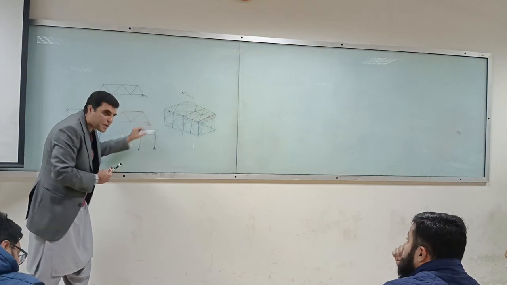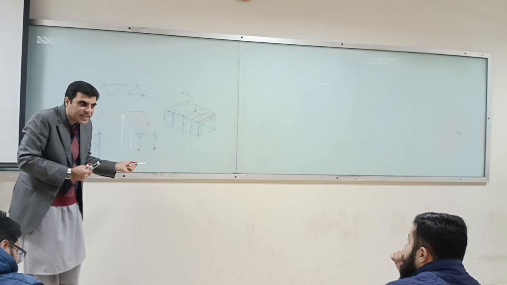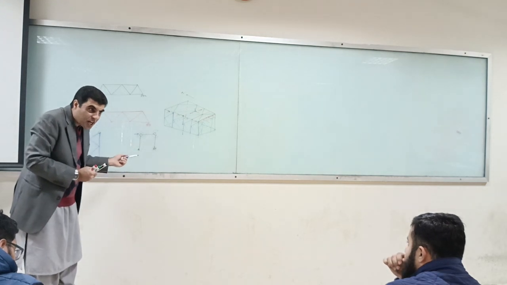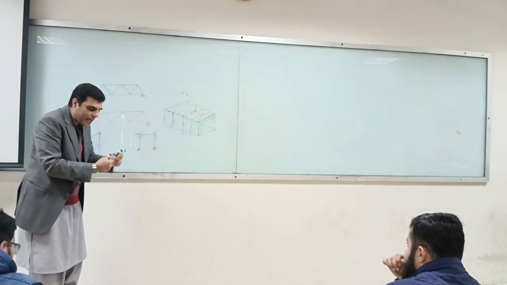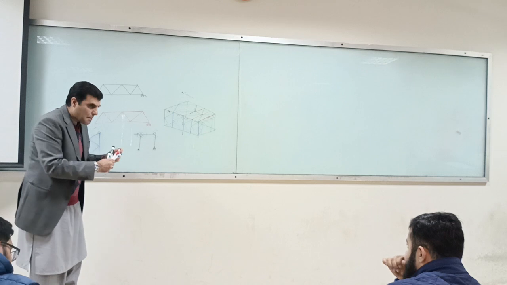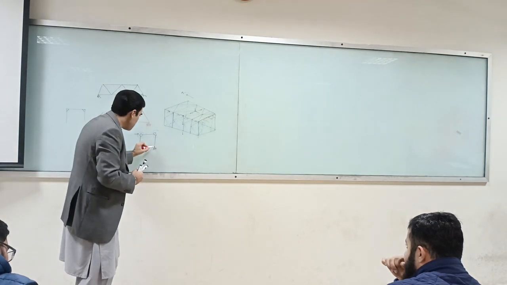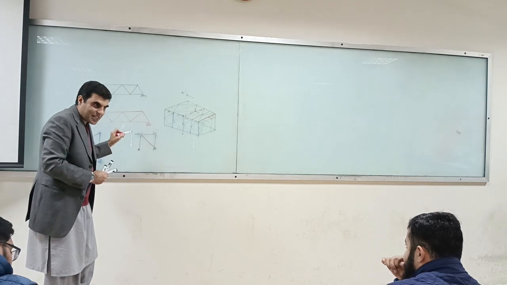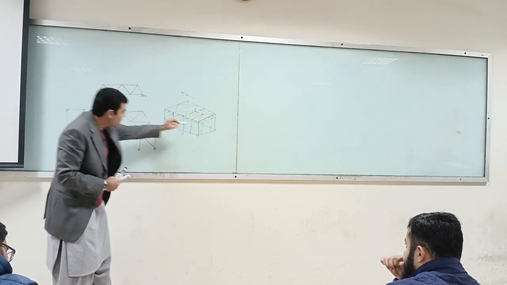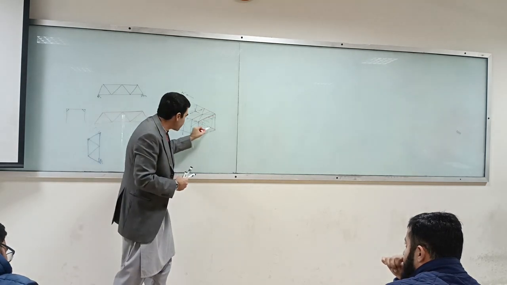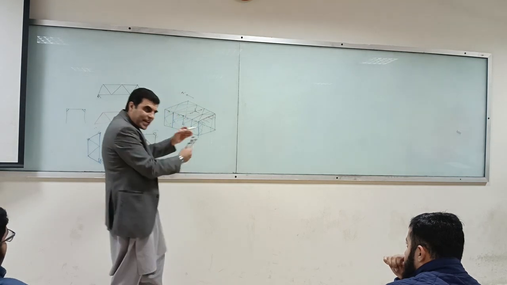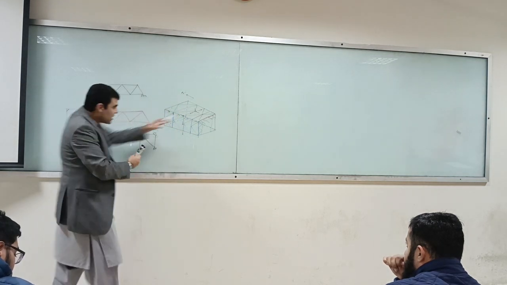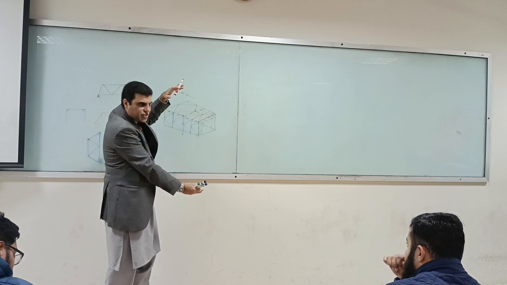Because you have 4 pins, it's unstable. We did it in the last class, 4 pins is unstable. So how can you make it stable? You can provide a member like this, triangulate it. So that's what I've done. I can triangulate this place. But I'm doing it on a small scale. This is the same thing I'm doing on a large scale.